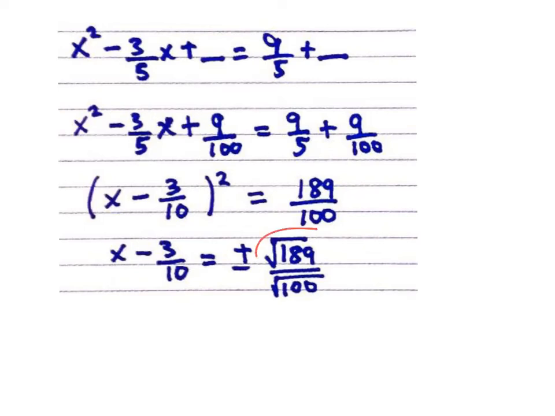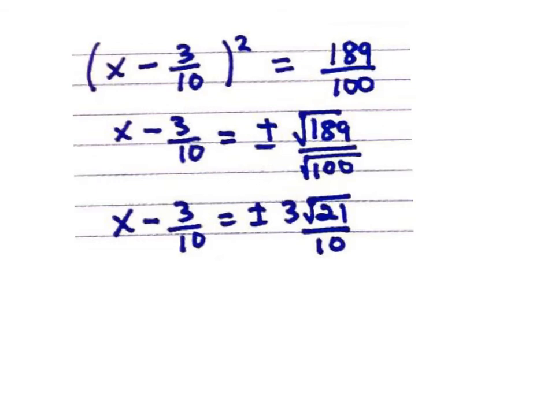Now we're going to try to simplify the square root of 189. If you divide by 9, 9 times 21 is 189. Sorry, it's 21, not 13.